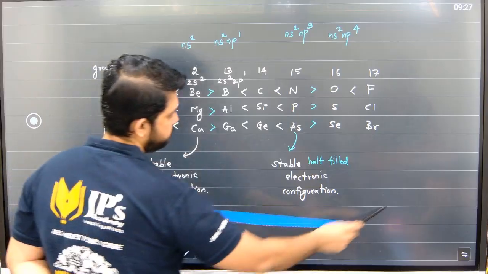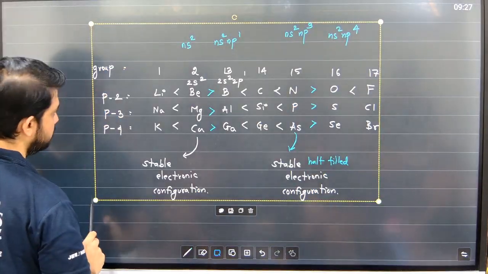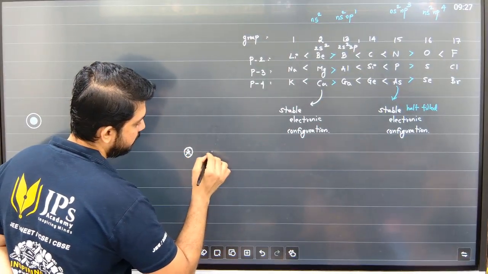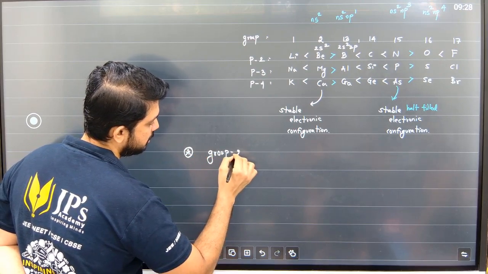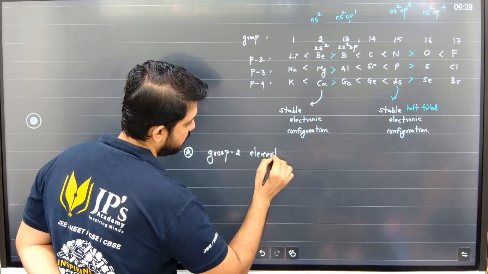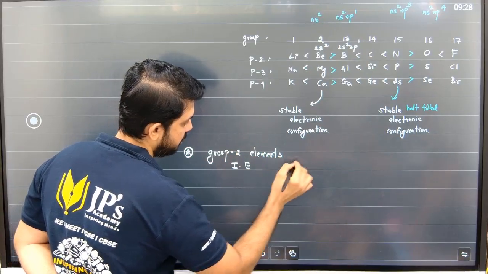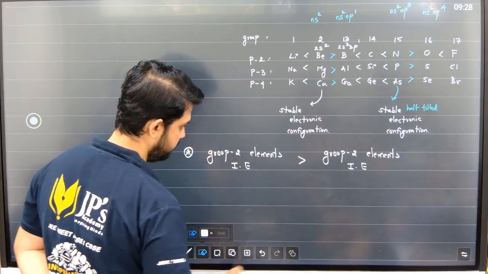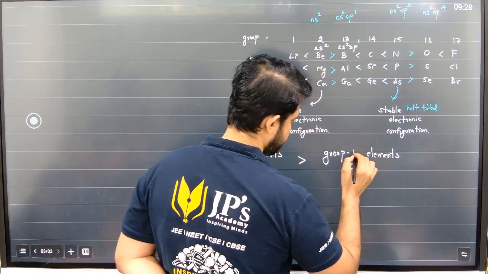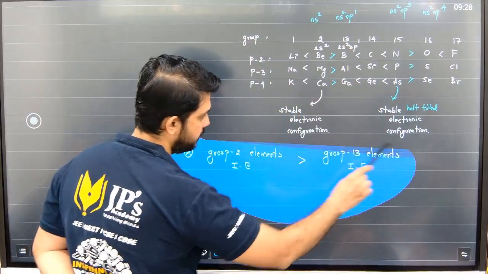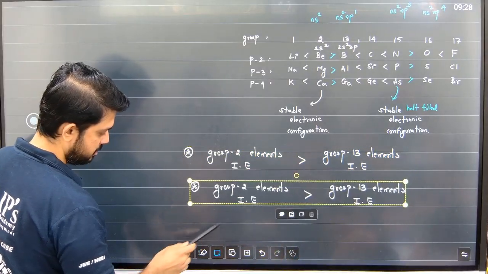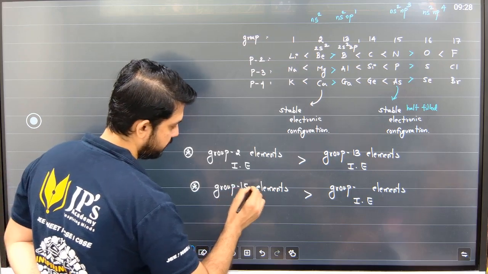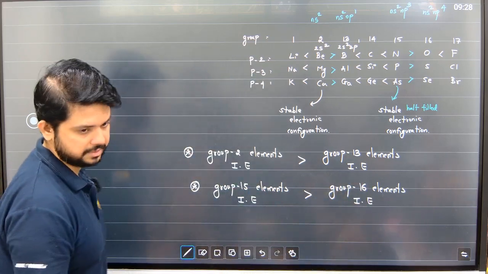That was the first exception जो आपको याद रखना है. एक terms में ऐसे भी लिख के रखना that group 2 elements ionization enthalpy is greater than the ionization enthalpy of group 13 elements, and similarly group 15 elements have greater ionization enthalpy than group 16 elements.